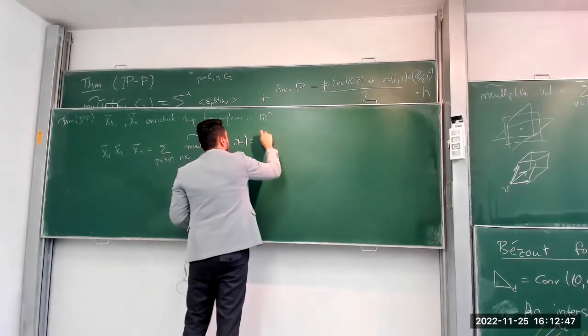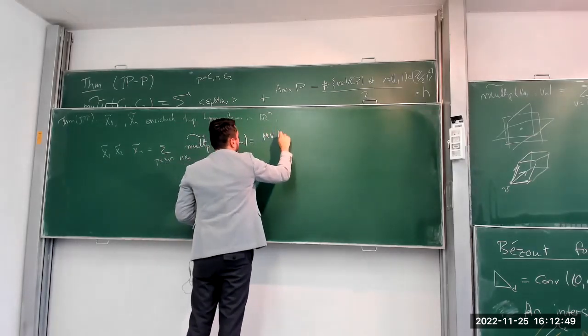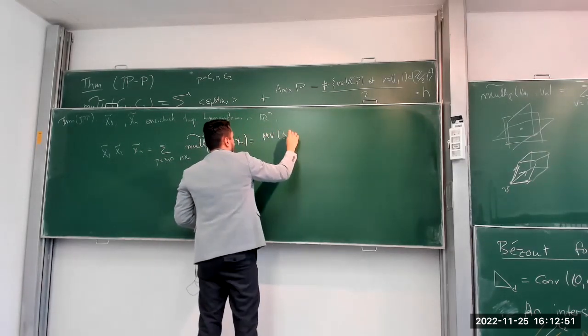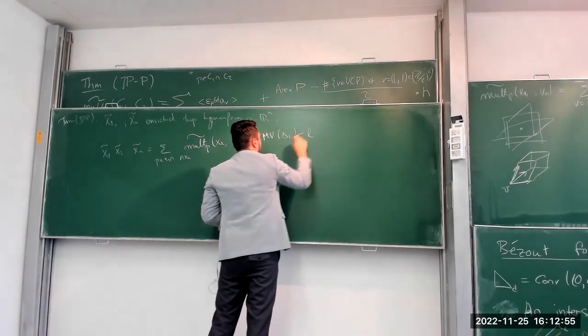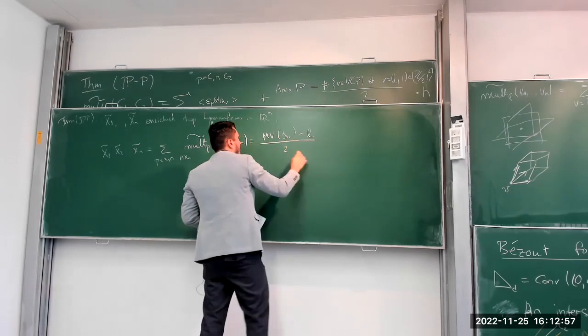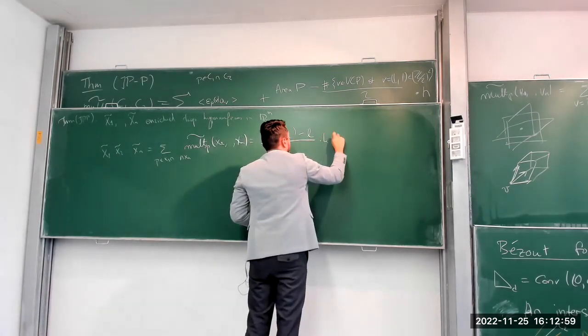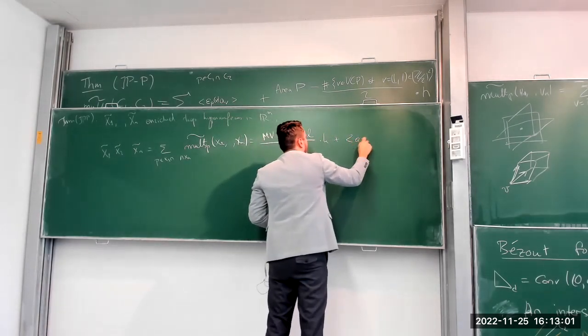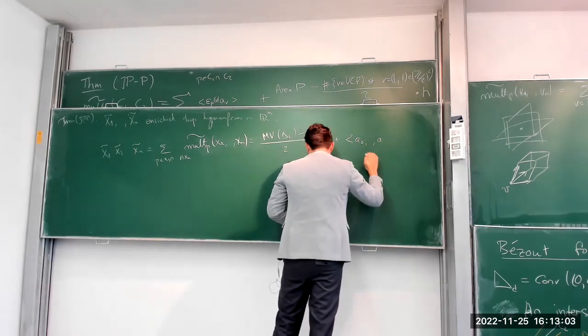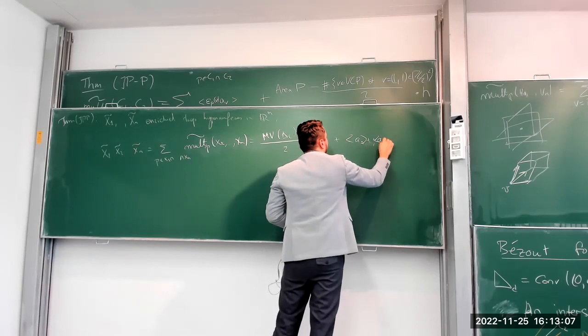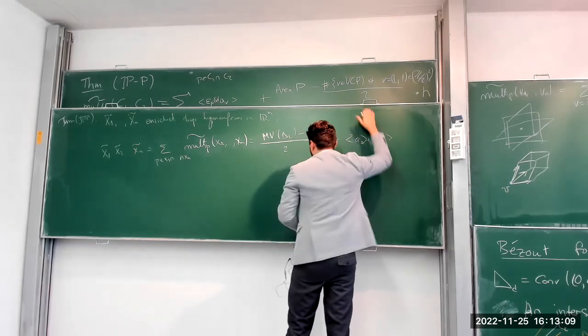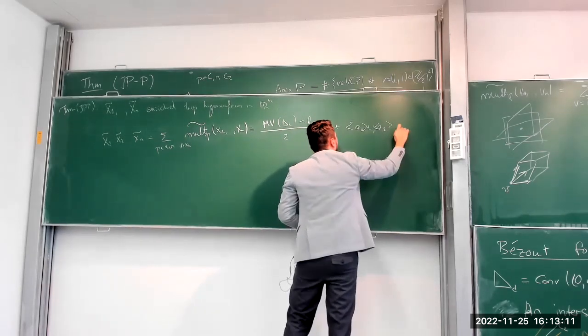This is going to correspond to the mixed volume of the degrees times h plus 4 quadratic forms of length L.